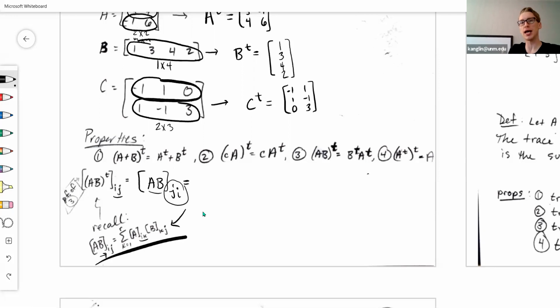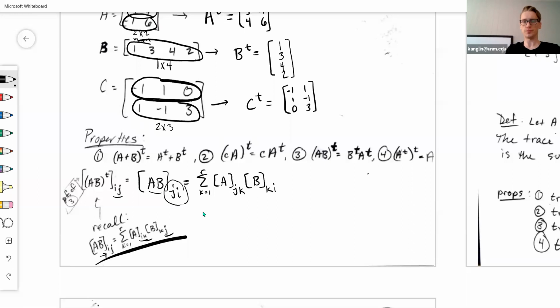So I'm going to switch the i and the j here and here and just write what I get. You take the jk element of A and the ki element of B. I'm just switching the i and j in this formula because they're switched in the expression I'm working with.